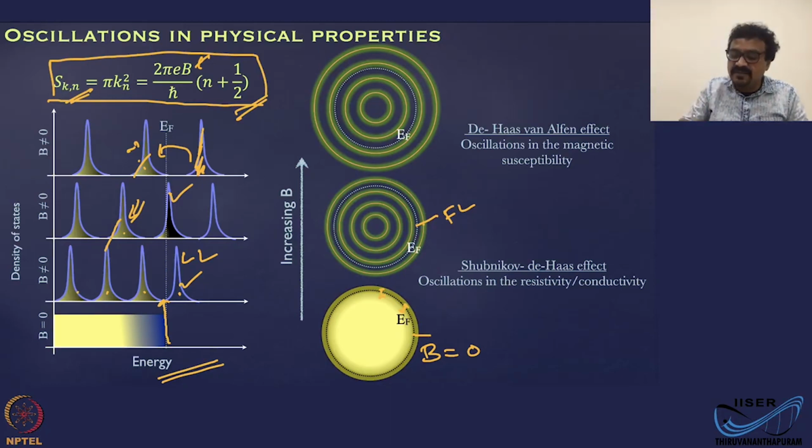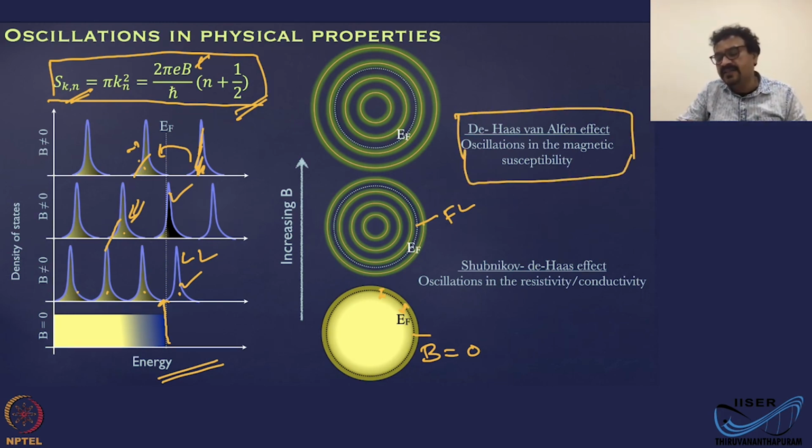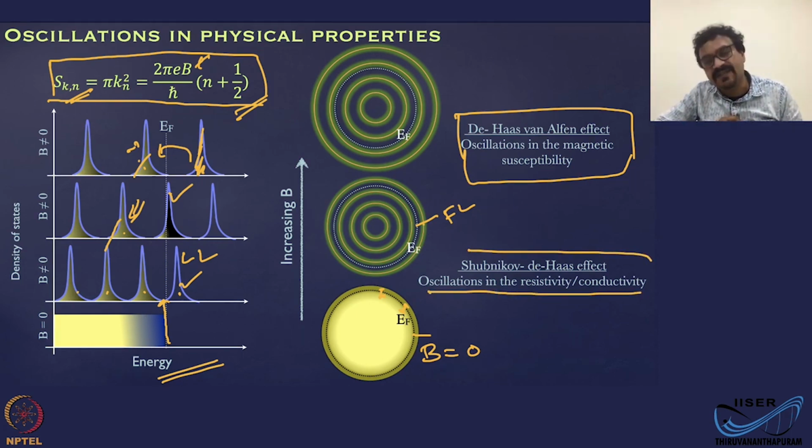The oscillations in magnetic field are referred to as the De Haas-van Alphen effect. That is widely used for mapping the Fermi level, which we are not going to discuss. But the oscillation in the resistance or resistivity is called the Shubnikov-de Haas effect, which we will discuss now.